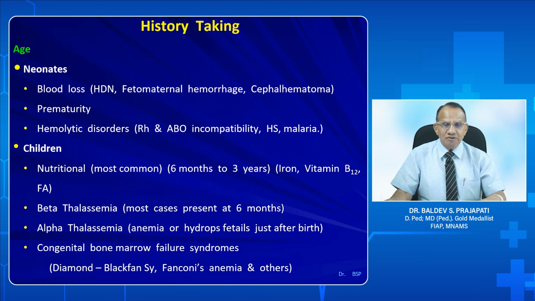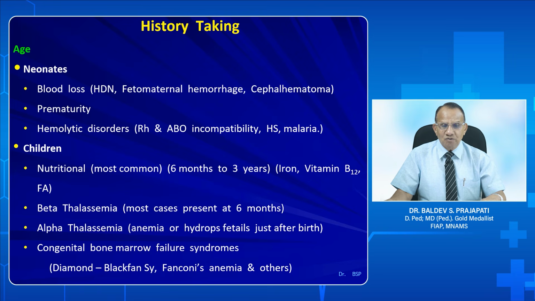For iron deficiency, the most common age is 6 months to 3 years. Even beta thalassemia most commonly presents at the age of 6 months or the second part of infancy. But alpha thalassemia may present as anemia or hydrops fetalis just a few days after birth.